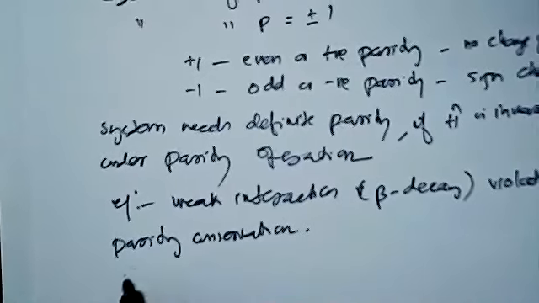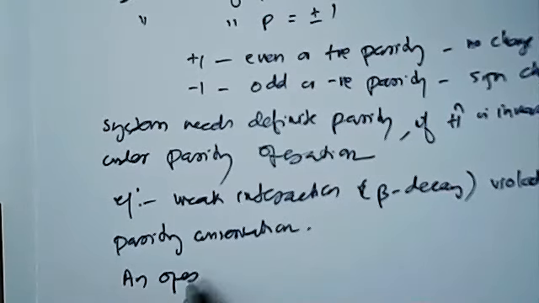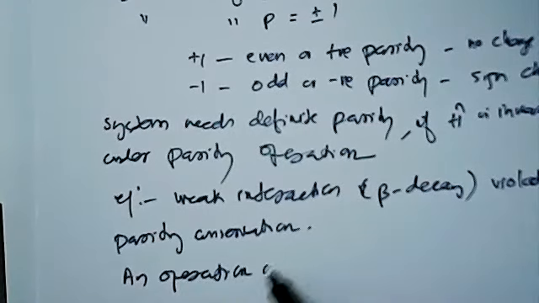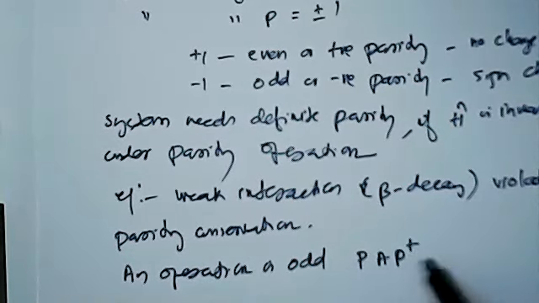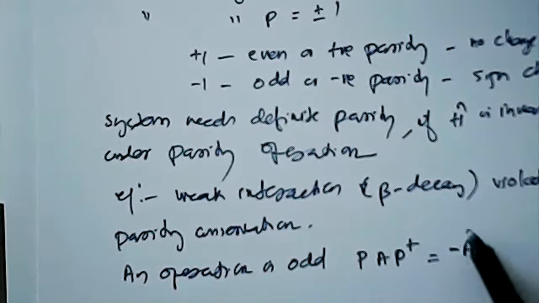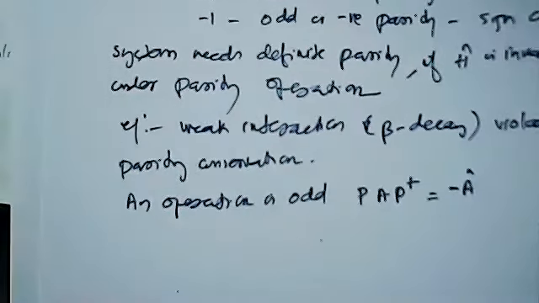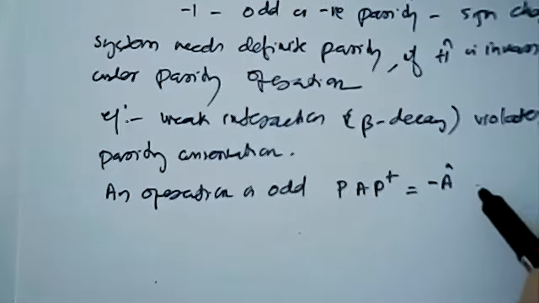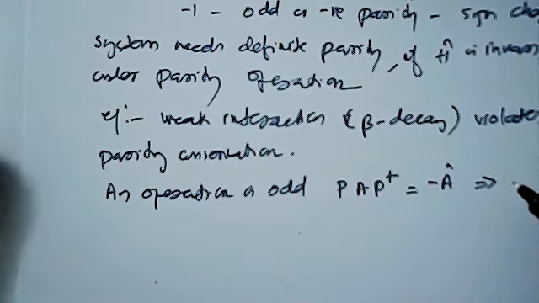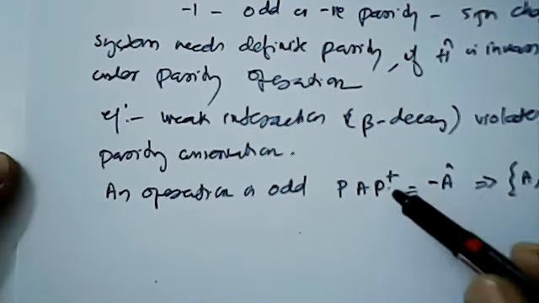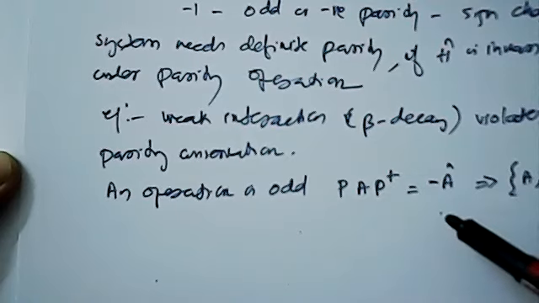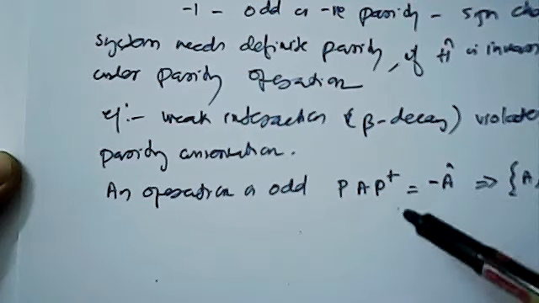Now an operator A is odd if P A P dagger, or the reverse way, is minus A, odd parity. This leads to the anti-commutation relation of A and P, which you can easily show by multiplying with P on the right side and taking everything together.